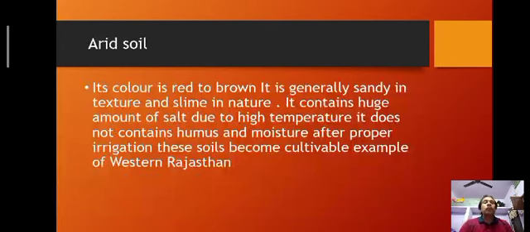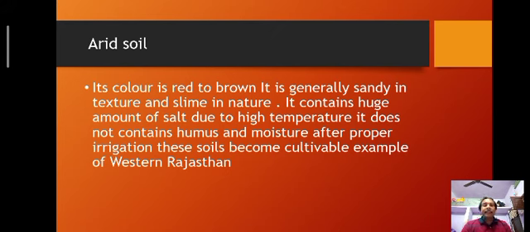Now come to the arid soil. Its color is red to brown. It is generally sandy in texture and saline in nature. It contains a huge amount of salt due to high temperature. It does not contain humus and moisture.